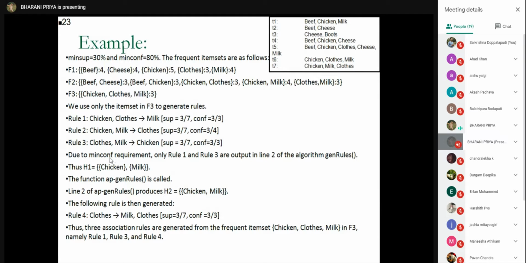Due to the minimum confidence requirement, we are taking only rule 1 and rule 3. Rule 2 is not satisfying the minimum confidence requirement, so we are eliminating rule 2. So rule 1 and rule 3.